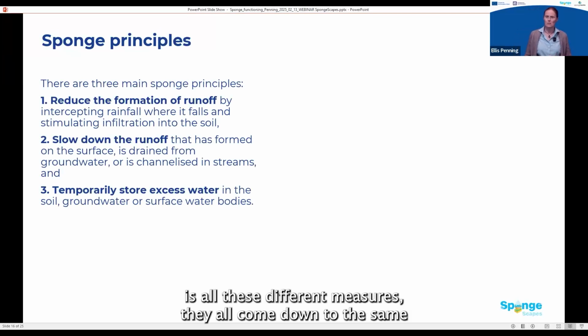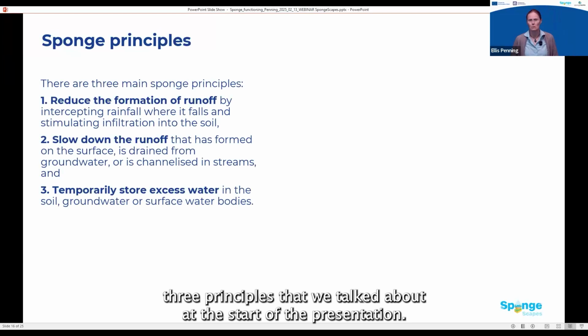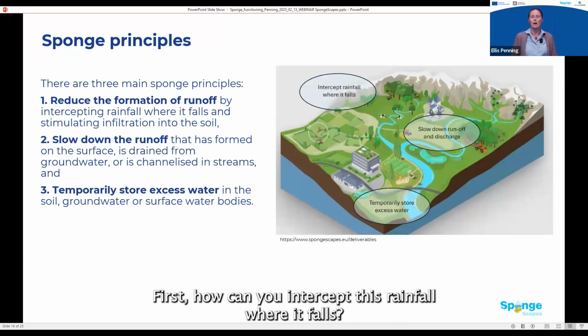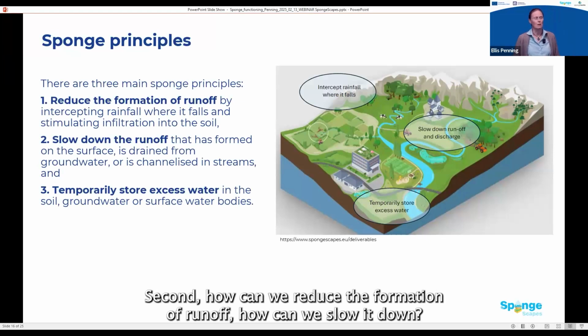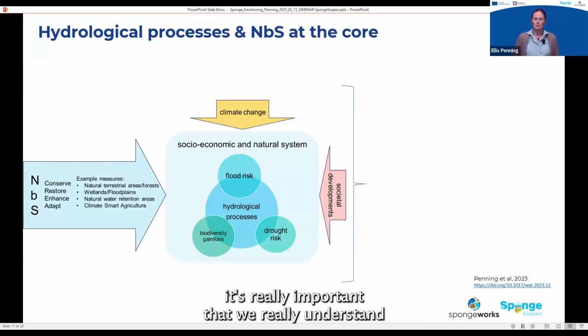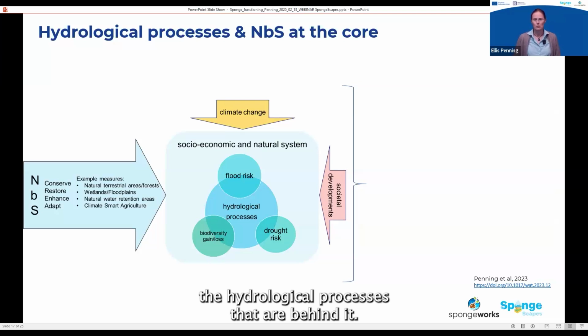And what we see is all these different measures, they all come down to the same three principles that we also talked about at the start of the presentation: how can you intercept the rainfall where it falls? How can we reduce the formation of runoff? How can we slow it down, and how can we temporarily store it? But of course, if you're doing this, it's really important that we really understand the hydrological processes that are behind it.